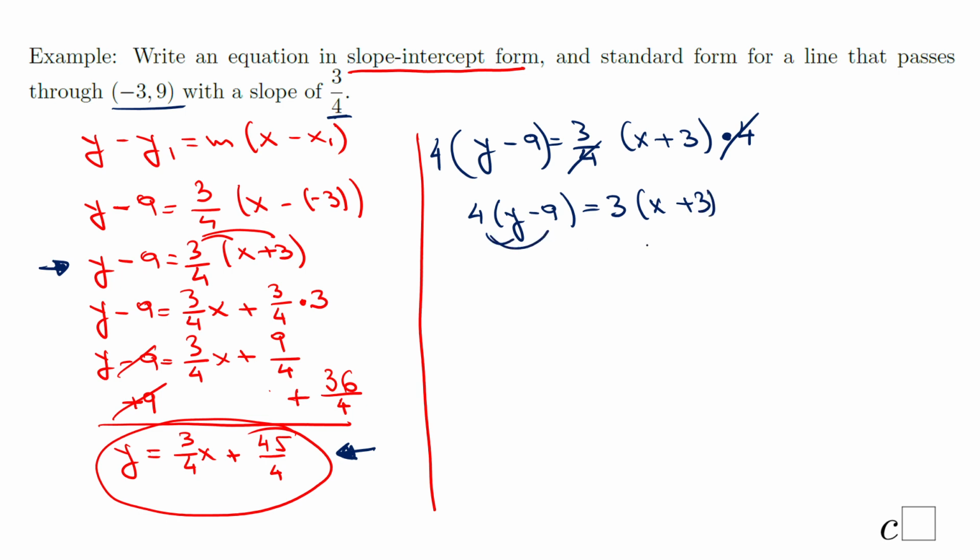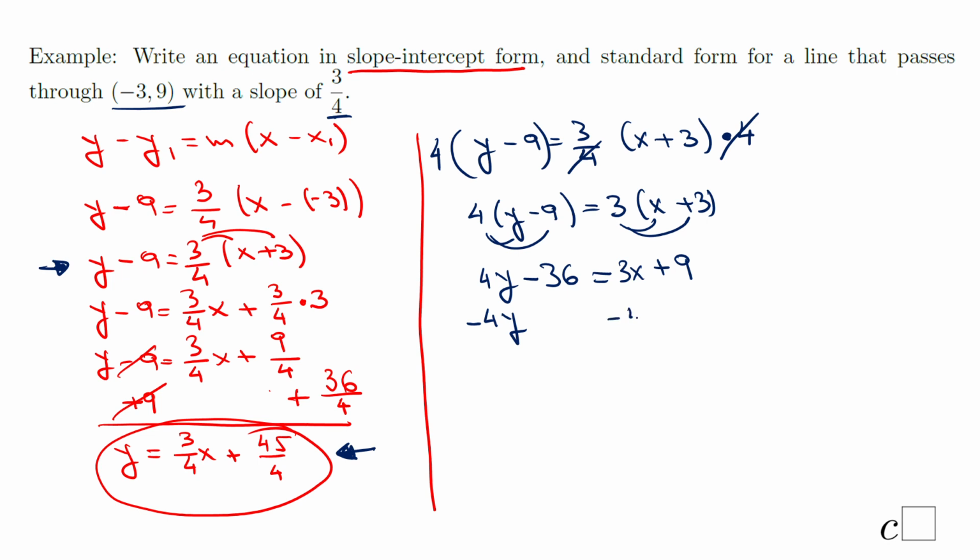Distributive property on both sides. So we have 4 times y, it's 4y. 4 times 9, 36, so minus 36, be careful, equals 3 times x, 3x. 3 times 3 is 9. Again, remember, ax plus by equals c, so I'm going to subtract 4y, because I have the positive 3x on the right side.